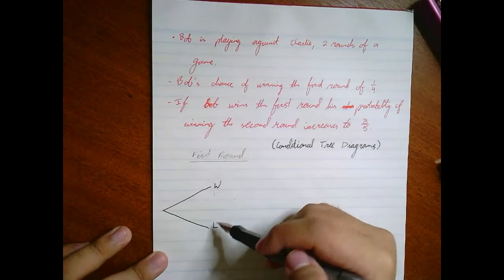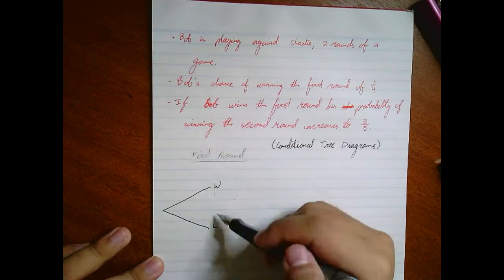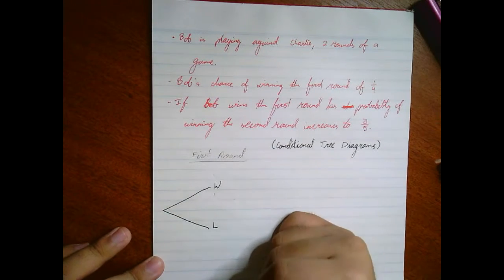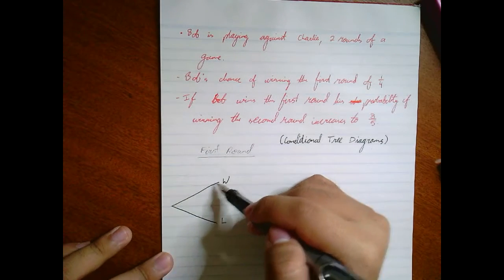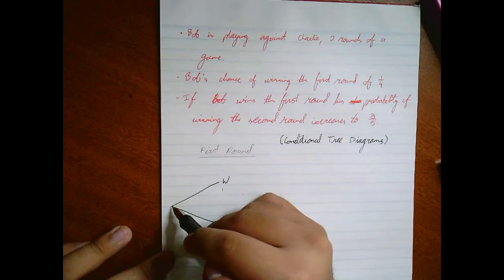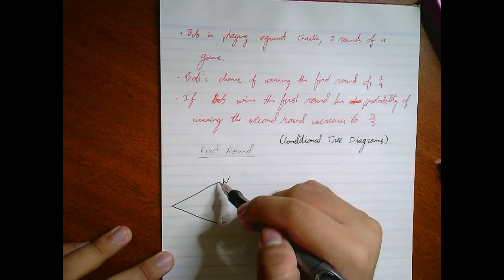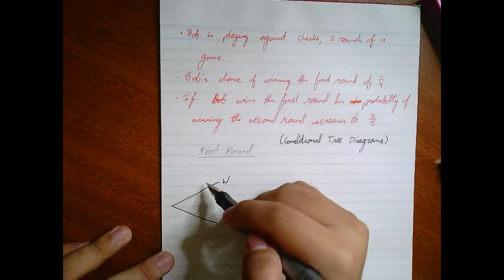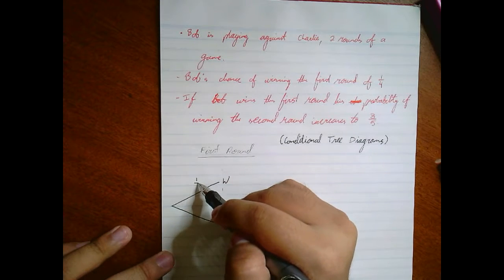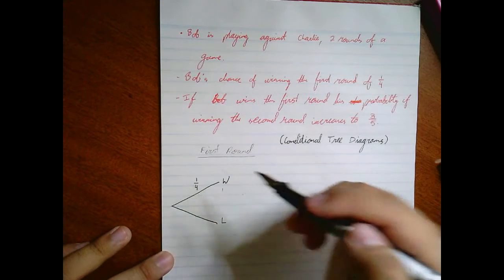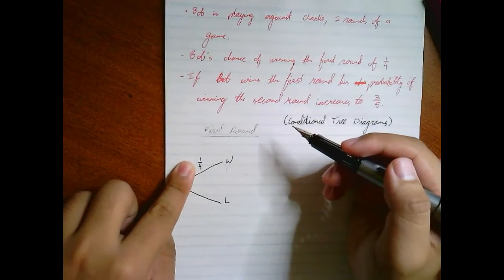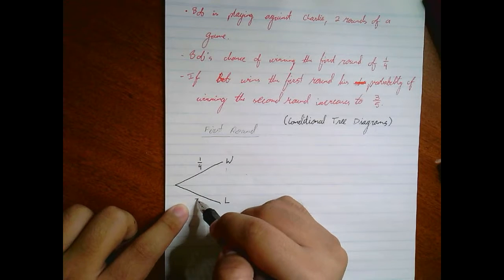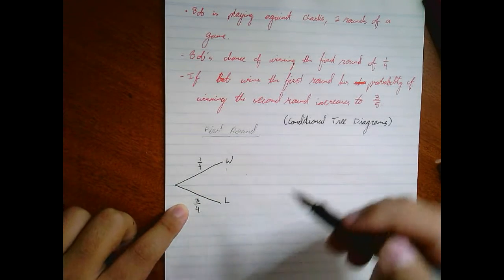And instead of drawing 3 more branches that have loss, let's write the probability along the branch. So his chance of winning is 1 in 4. Well, if he has a 1 in 4 chance of winning, it must mean he has a 3 in 4 chance of losing.